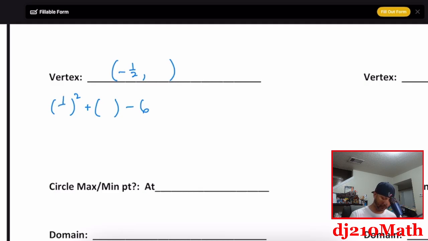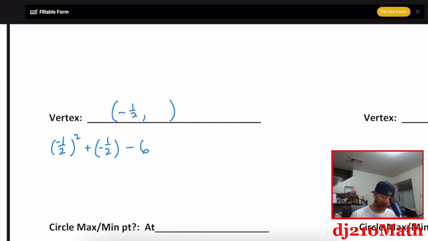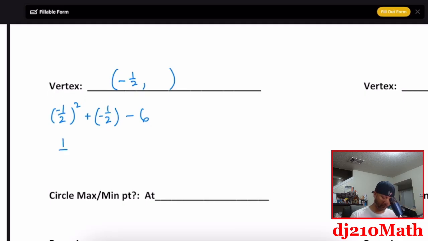So we have negative 1/2 squared, negative 1/2. All right, so when you square negative 1/2, you get 1/4. Right, positive 1/4 because negative times a negative. Minus 1/2 minus 6. All right, so a quarter minus a half. This is negative 1/2. Minus 6. Negative 6.5.